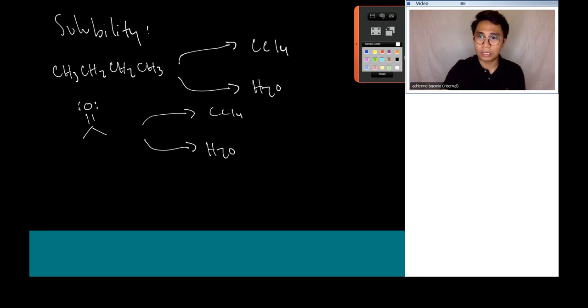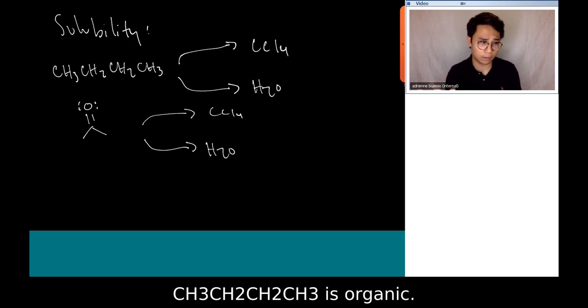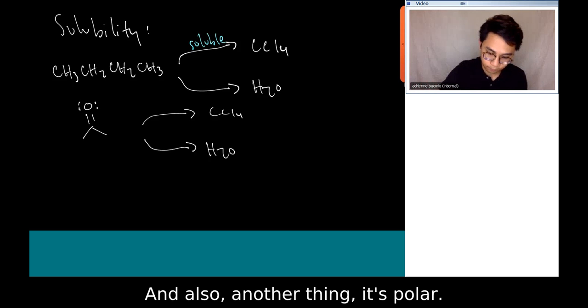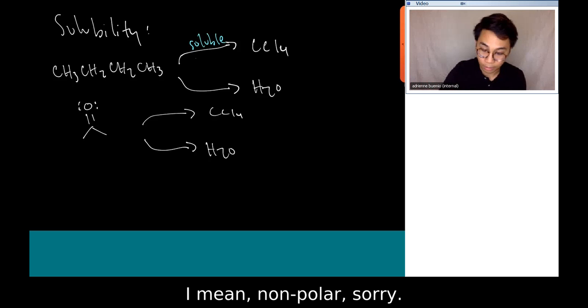Okay, welcome back. So you should have seen that the CH2, CH3 chain is organic, so you should put soluble here because it's organic. And also another thing, it's non-polar. Sorry, I said polar, I mean non-polar.